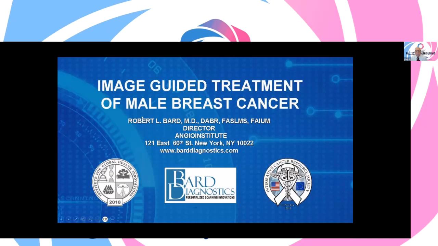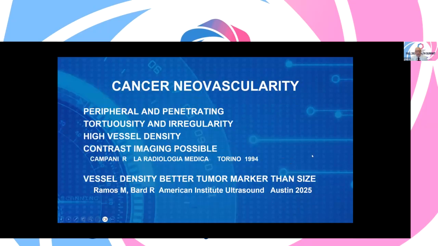Let's start with imaging. I've been working with cancer imaging for almost half a century, and we've learned a lot of different things. When we started with ultrasound, we were able to see many things we didn't know what we were looking at. And then we were able to take pictures of, say, babies to start with.